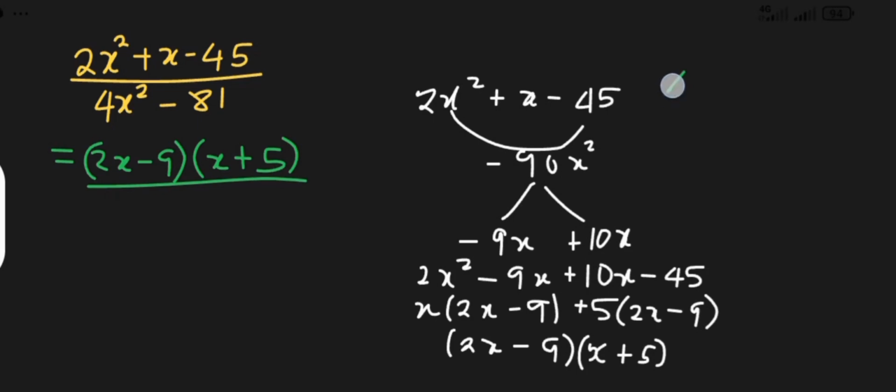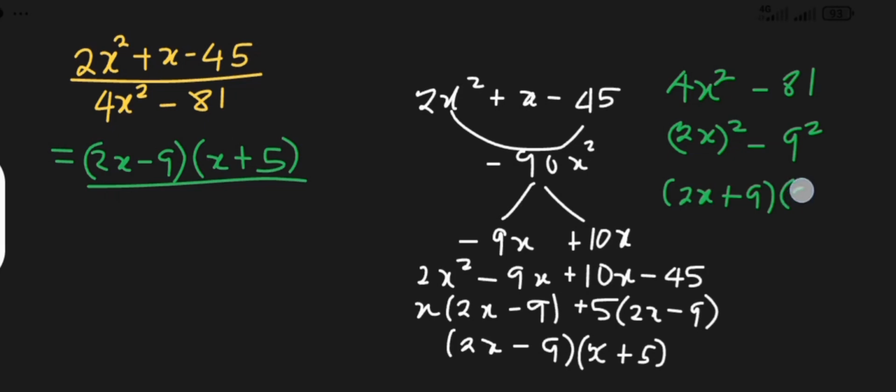The denominator, 4x squared minus 81. This is obviously difference of two squares, in the sense that 4x squared can be written as 2x all squared minus 9 squared. And don't forget, when it comes to difference of two squares, they always factor as the product of the sum of the two terms and the difference between the two terms.